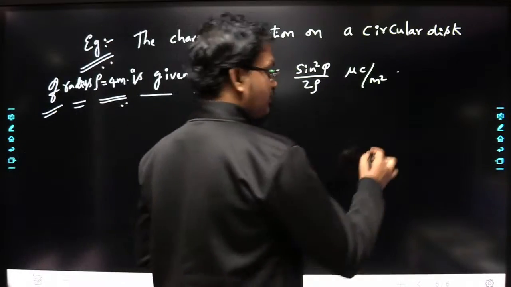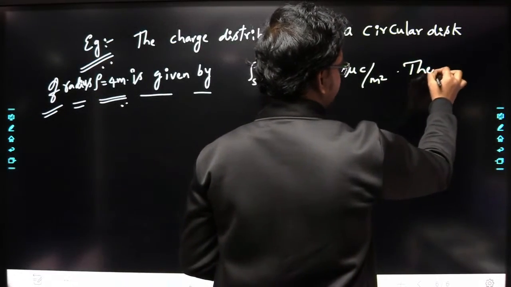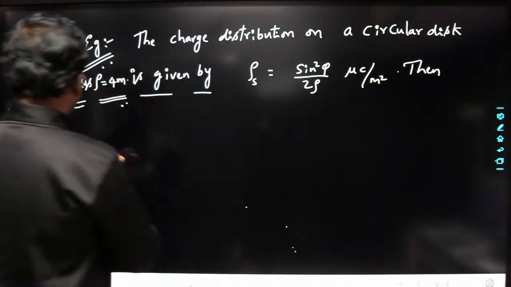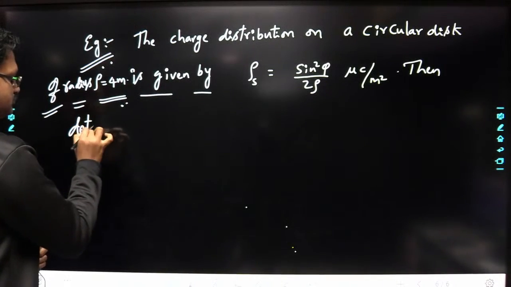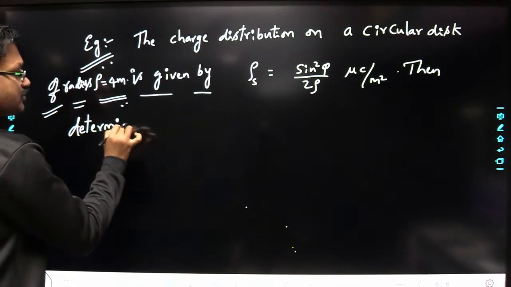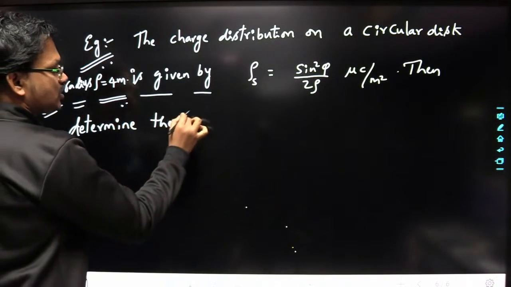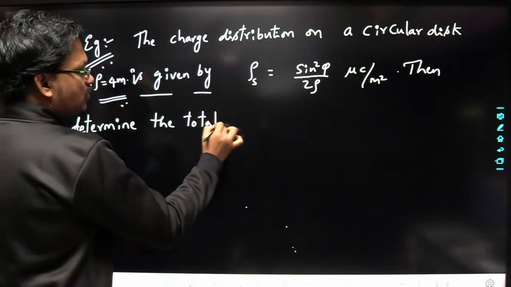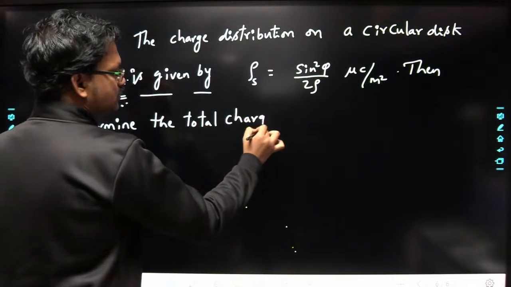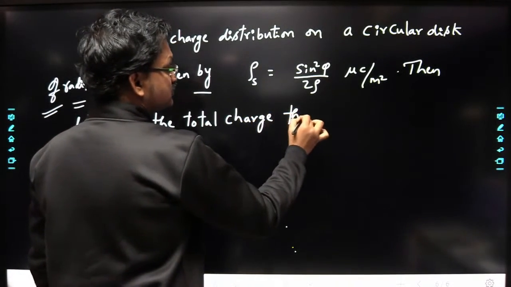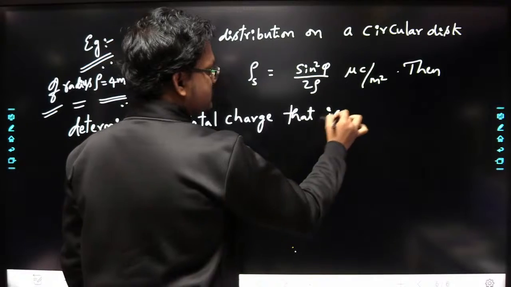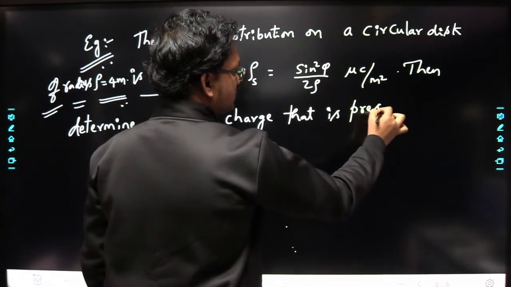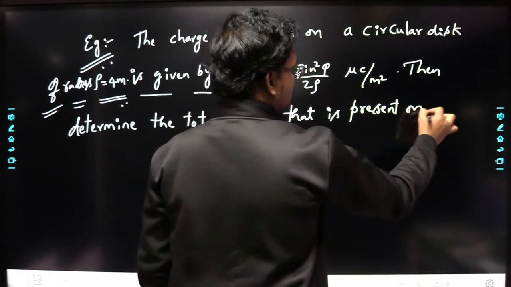Understood? So then determine the total charge that is present on the circular disc.